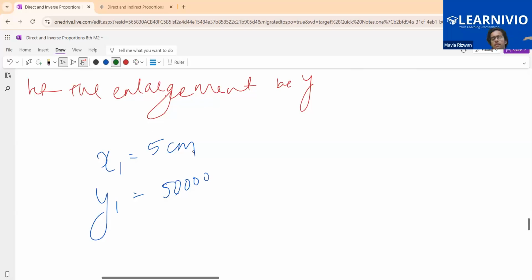Now we have x1 and y1, so x2 and y2. Now we have to find the enlarged length when it is enlarged 20,000 times.